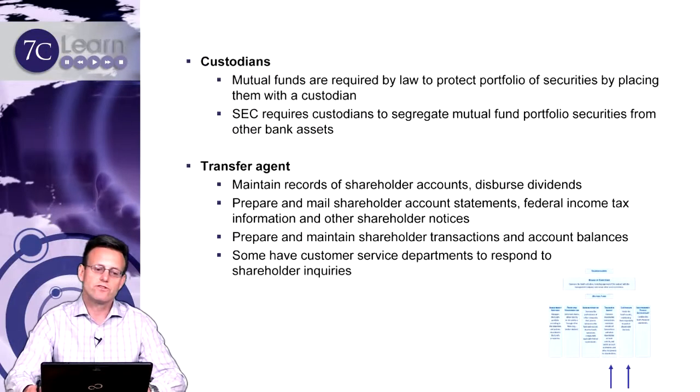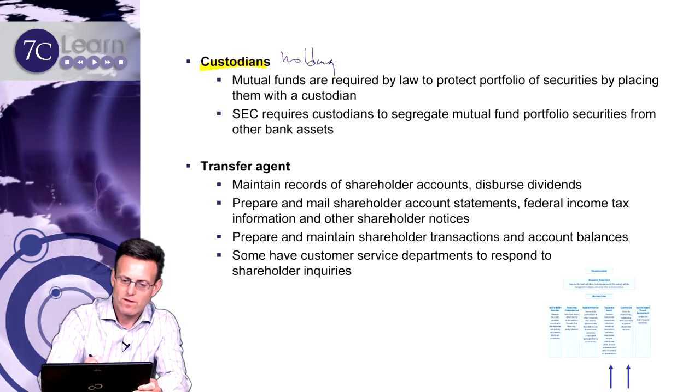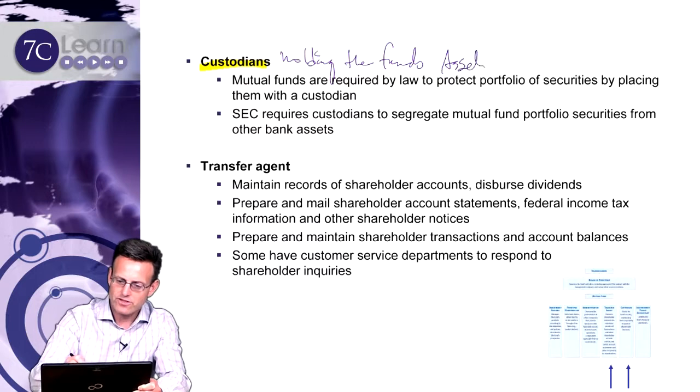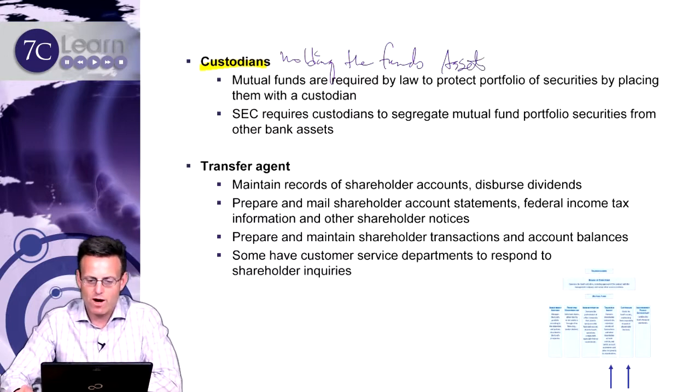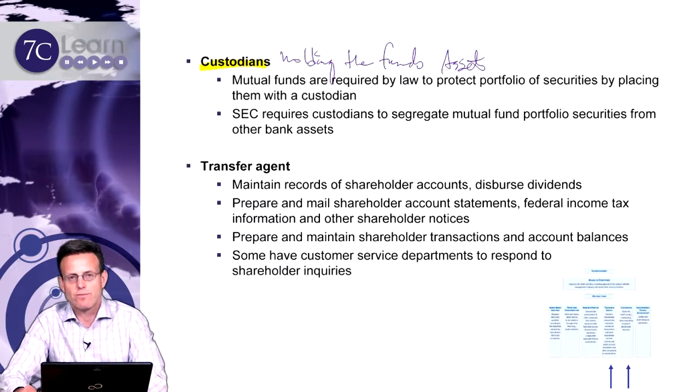Okay, custodians. Now, custodians are basically third parties that are holding the fund's assets. Now this has become an industry standard and requirement. Well, one, for retirement assets, it's a legal requirement, but it's been broadly adopted by the industry as a best practice.